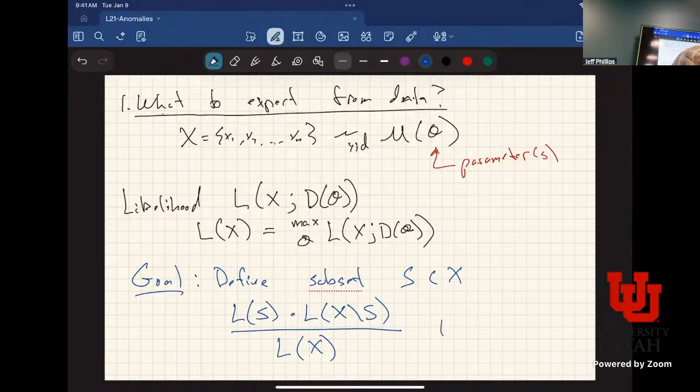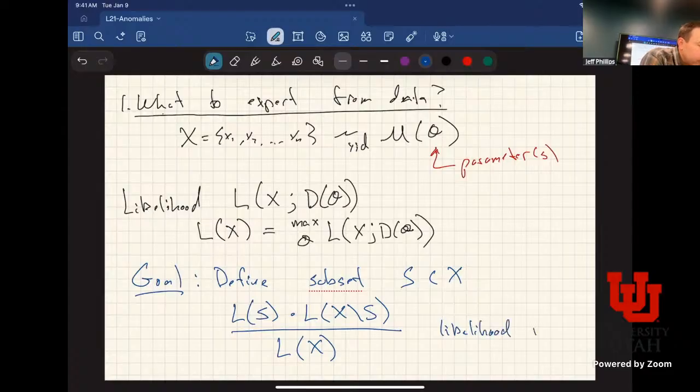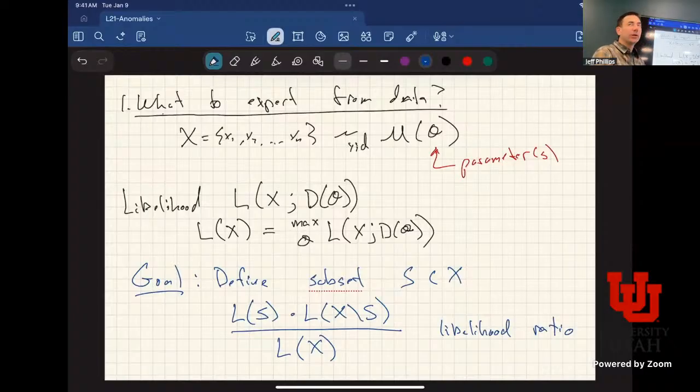So this would be the likelihood ratio. You want to say that when you fit the model with the anomalous subset and everything else separately, rather than everything together, this ratio is large. I get a much more likely model when I separate these two things.